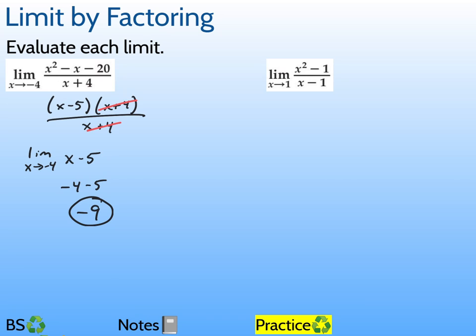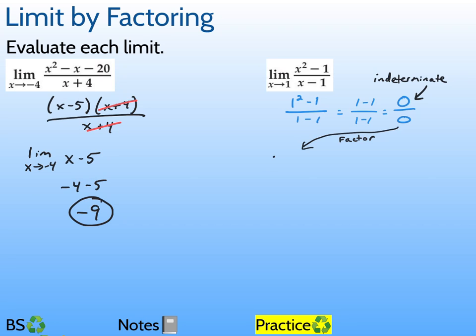For the problem on the right, let's try substitution again. So with this, we'd have 1 squared minus 1 all over 1 minus 1. This just equals 1 minus 1 over 1 minus 1, or 0 over 0. So, since it's the indeterminate form, we have to use factoring. When we factor the numerator, it's a difference of perfect squares, and it becomes x minus 1 times x plus 1.